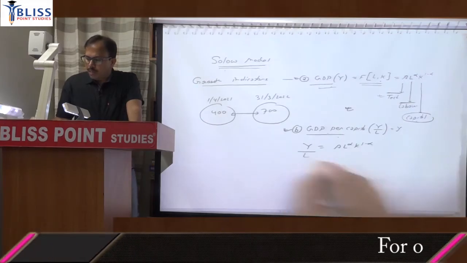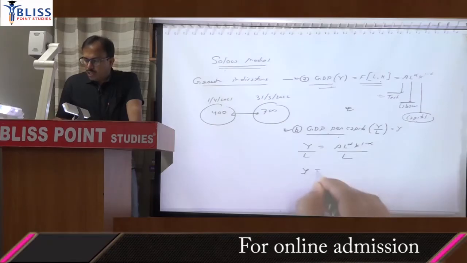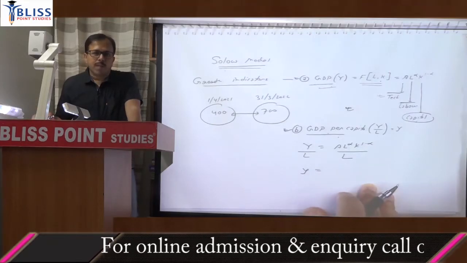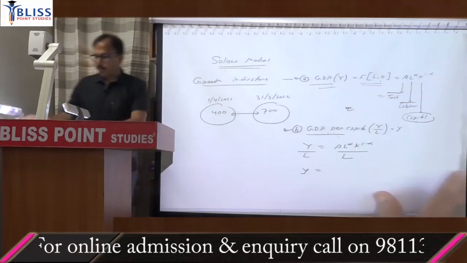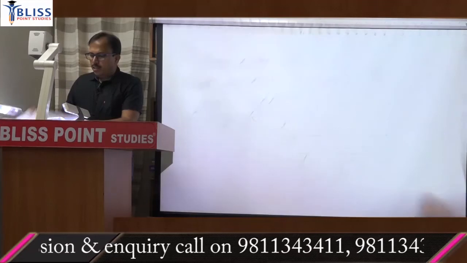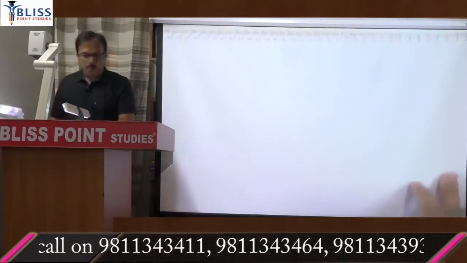If you divide it throughout by labor, then it will become GDP per capita as a function of capital per capita. Clear? So, you can start with the main idea and then we can elaborate the model.